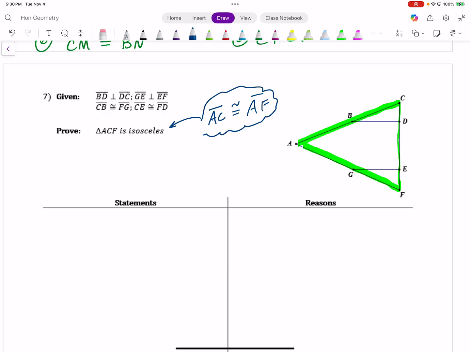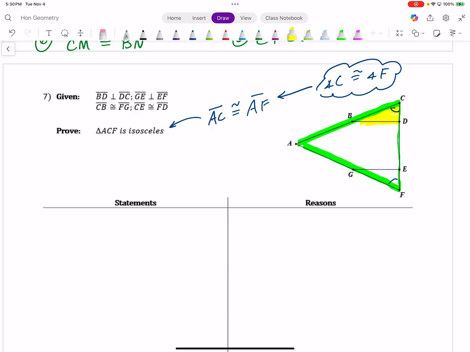Okay. Well, to get to there, if I could prove that these angles are congruent, I'd have it. So if I could prove that angle C is congruent to angle F, then the sides across from those angles would be congruent because it's in a triangle. So maybe instead of trying to get to there, maybe I'm trying to get to here, because if I do that, oh, now we're cooking with gas.